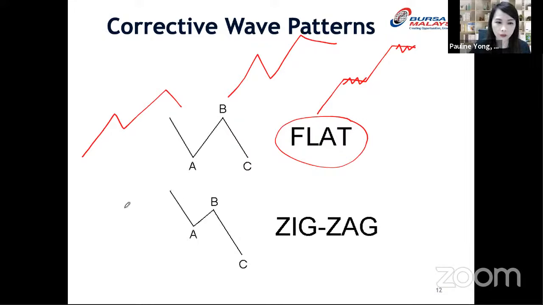Let's say you are in an uptrend, and then you have an A, B, C correction, and wave C usually will test whether you can break the lower low. This is called a zigzag. So you see it's different from the flats.